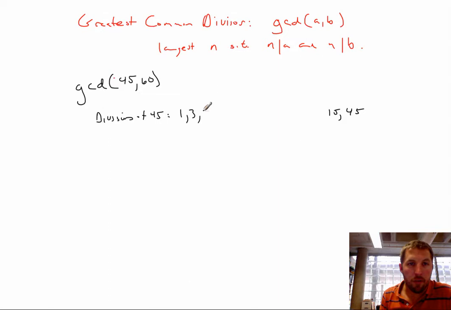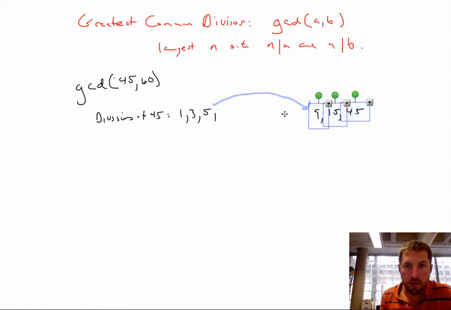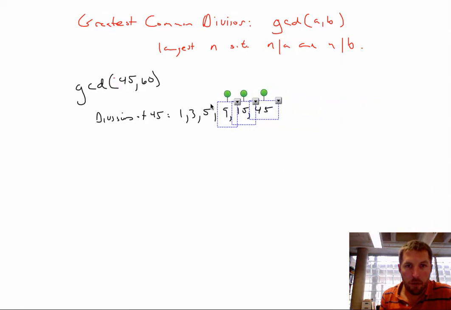Then 4 doesn't. 5 does. 5 goes in 9 times. 6 does not go in. 7 doesn't go in. 8 doesn't go in. And 9, we are actually already over here. So we're done because we've found the partner. Let me collapse these. Much nicer.